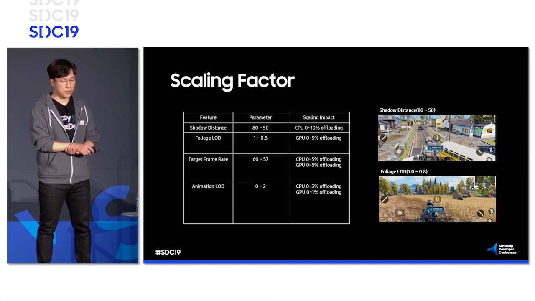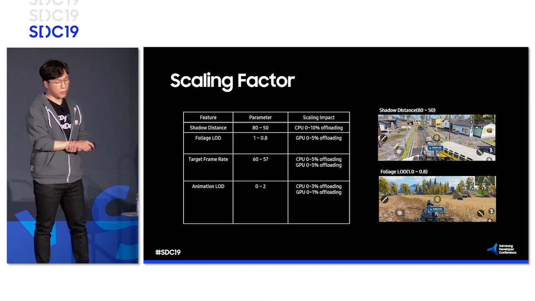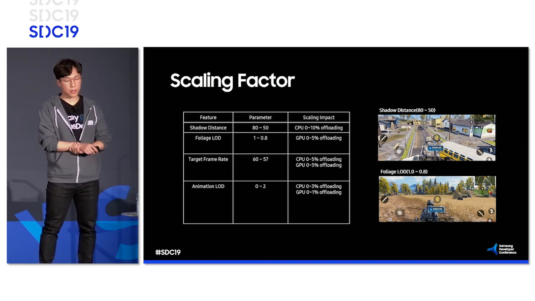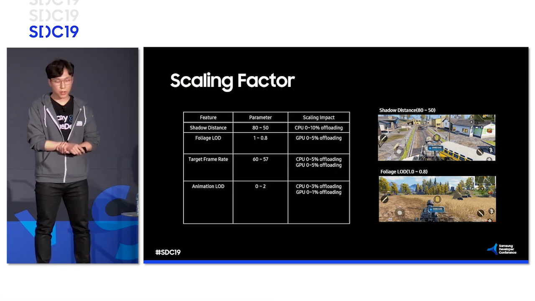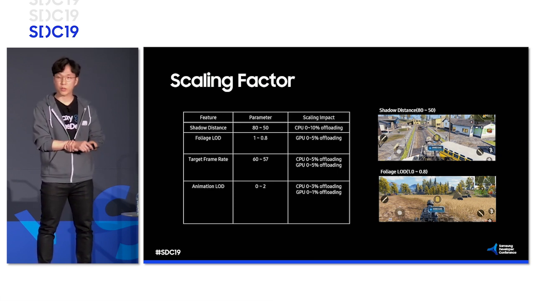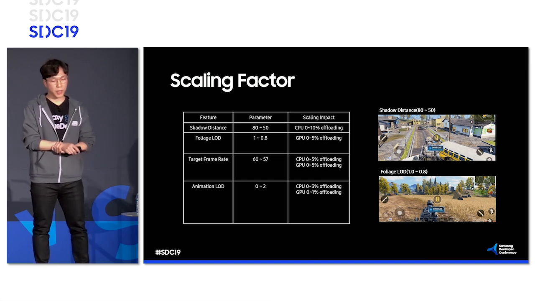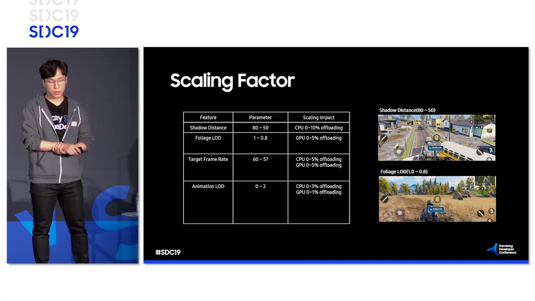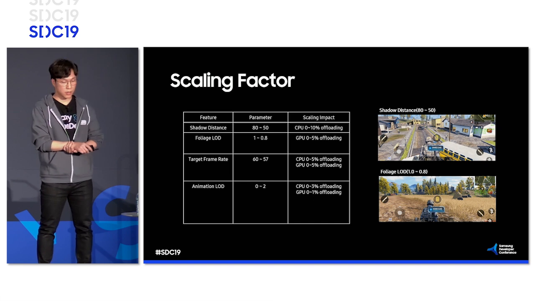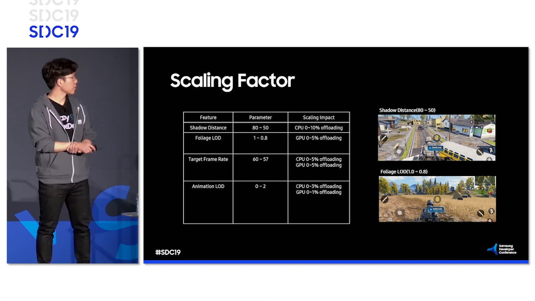As you can see in this table, this scaling factor doesn't have much impact on CPU and GPU power, but it can reduce thermal by adjusting before the thermal throttling. Actually, we asked for many scaling factors, but they are not suitable for the game environment, so they decided to apply only the following quality scaling factors.